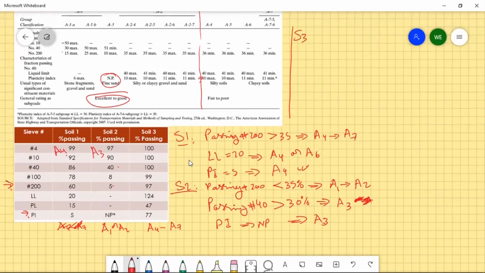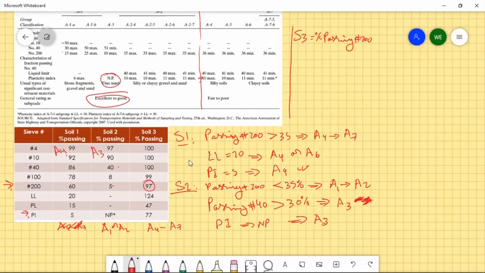Now for soil number 3. What did we get here? Of course, we know it's either A4 to A7, because the percentage passing number 200 is 97, which is greater than 35.